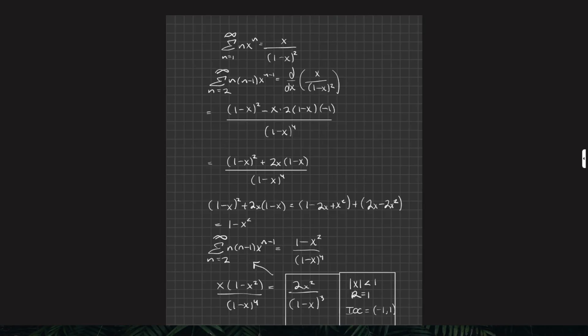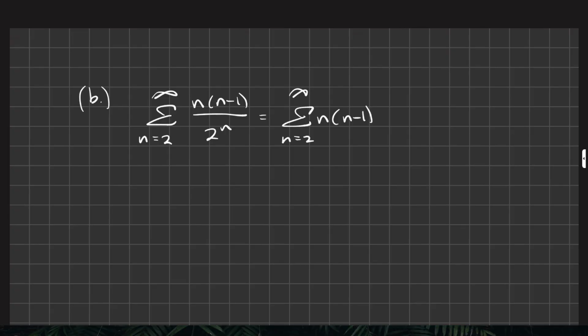So let's do part B. n times (n minus 1). This is another binomial thing, so I don't know how helpful this is going to be, but we'll go over it. Okay. So evaluate the sum of the series n equals 2 to infinity of n times (n minus 1) over 2 to the n.